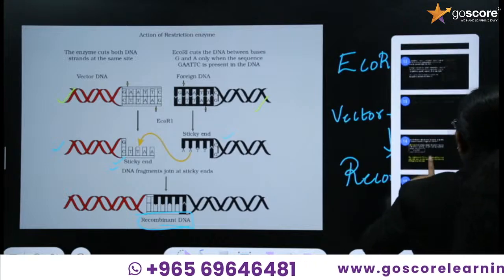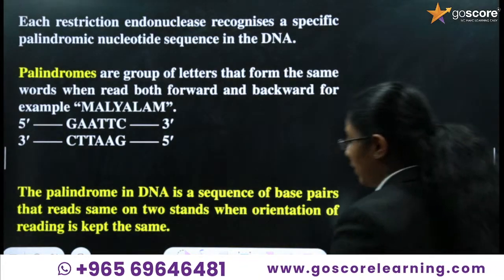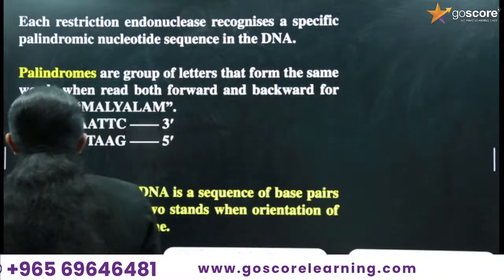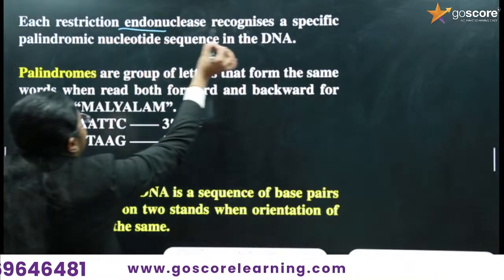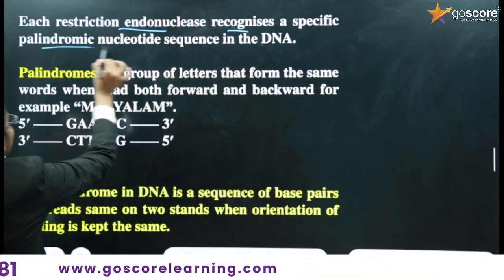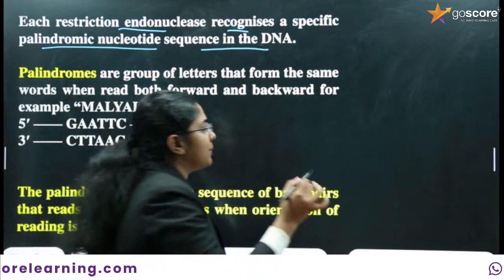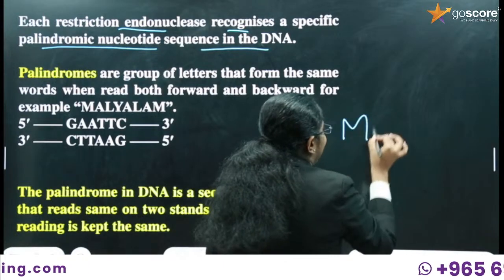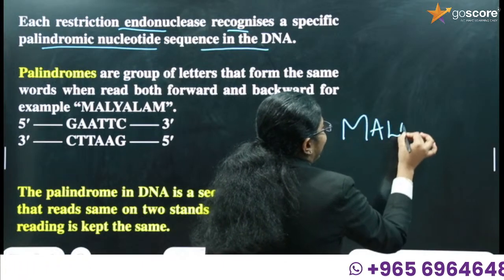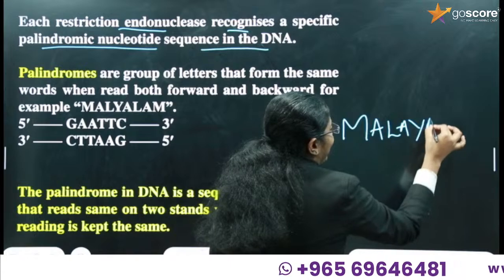That is about palindrome sequences. Have you heard about palindrome sequences? Each restriction endonuclease recognizes a specific palindromic nucleotide sequence in the DNA. Have you heard about Malayalam? We will write Malayalam here.